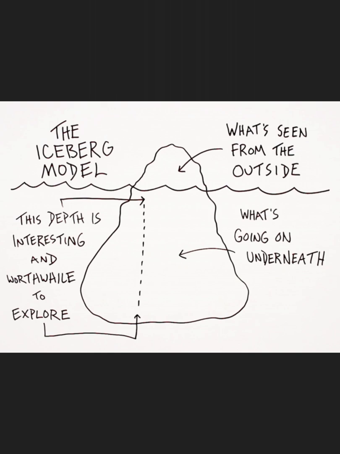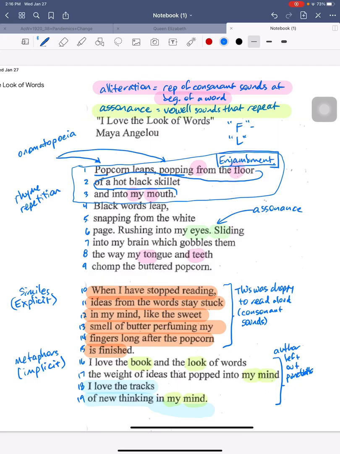Things like similes, metaphors, all the sound devices, hyperbole, understatement, all of that is figurative language. This is where you're looking for what's underneath the surface of the iceberg. L is for literal language. This strategy alone will really help you break down a poem and understand what's really happening and what's happening in the writer's imagination, or what the writer is trying to make happen for you in your imagination.